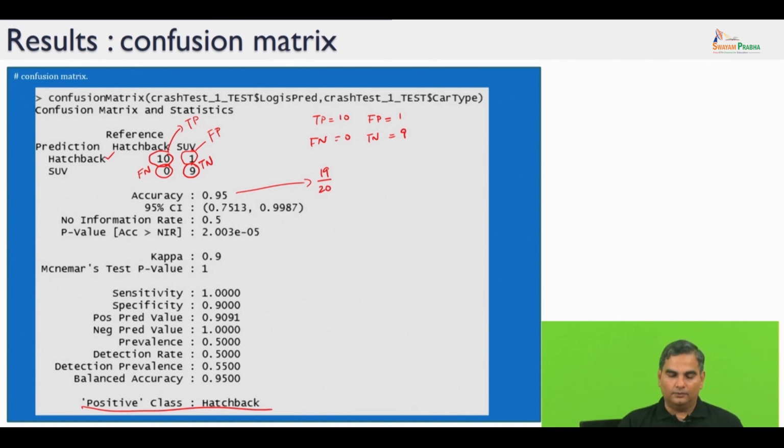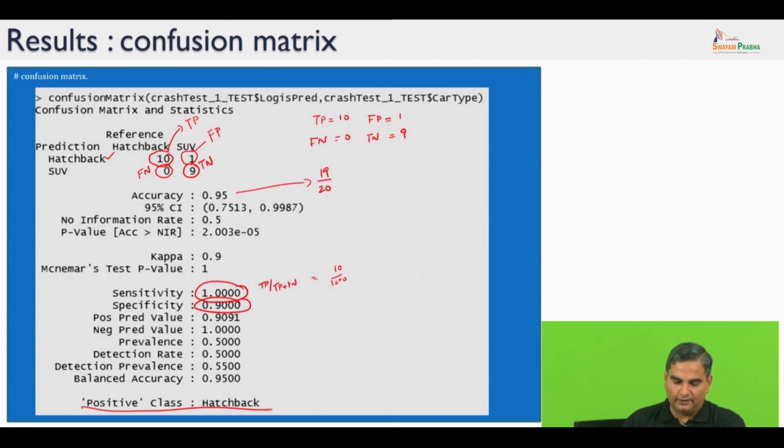Now, sensitivity is defined as true positive divided by true positive plus false negative. So, this is going to be equal to 10 divided by 10 plus 0. So, you get 1 here. Similarly, you can verify the specificity to be 0.9.